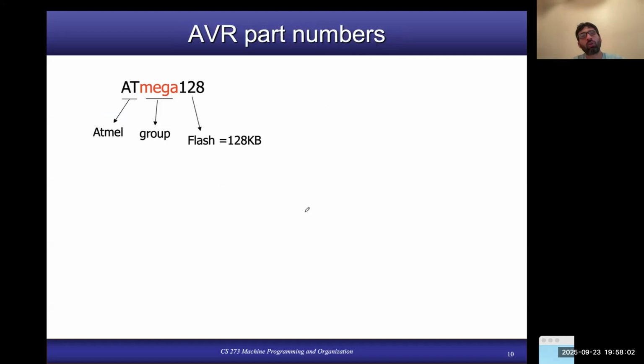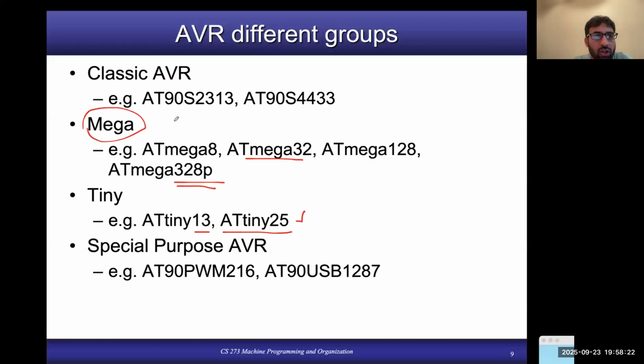Now, how to read these AVR part numbers. These names of the chips are not selected randomly, and they carry some information. The first AT is for the name of the manufacturer, Atmel, and the next is the name of the group. Remember, AVR chips are divided into different groups like Classic, Mega, and Tiny.